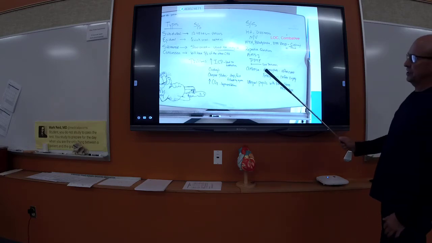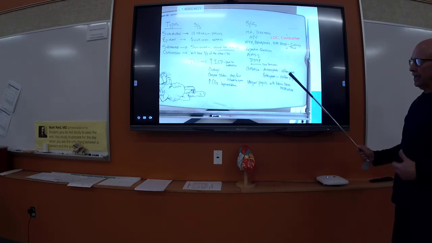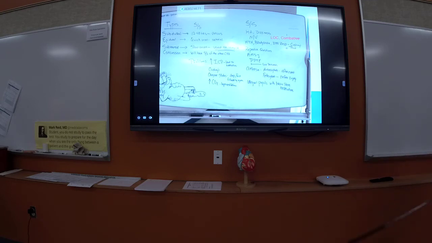Then with this, you have amnesia. You have antegrade amnesia after the event or retrograde before. So you have these two types, and you could have both. So let's say in trauma, they're driving down the road and they have a car wreck. They don't remember anything after the wreck, after the incident, or before the incident.